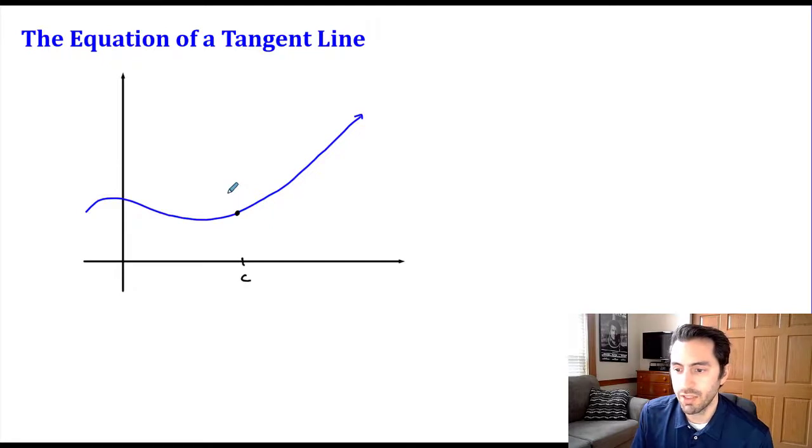So let's give this point a name. We'll call this point P. And the coordinates of this point, so its x value is at c, and then the y value is the function value at c. Okay. Now the tangent line only intersects the graph at exactly one point.